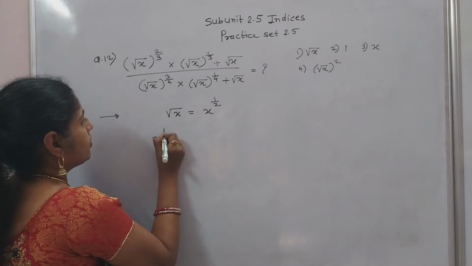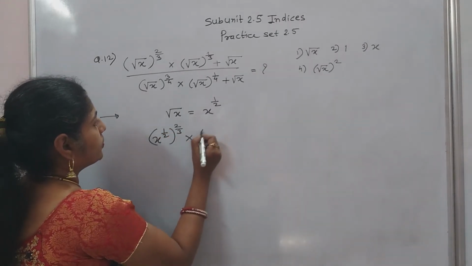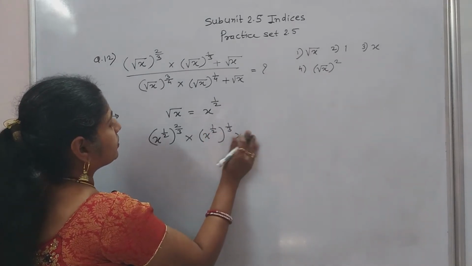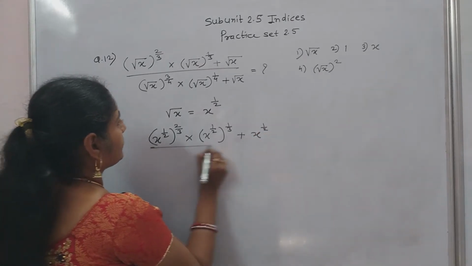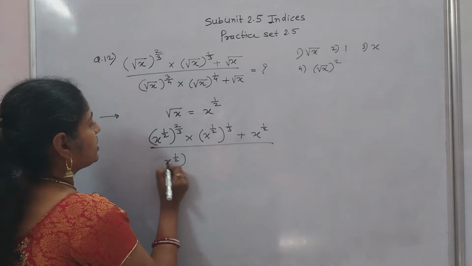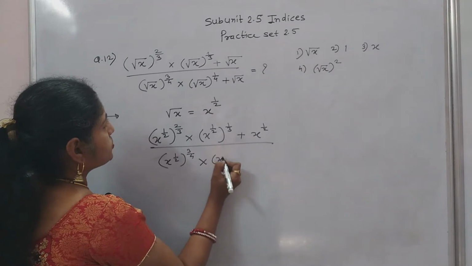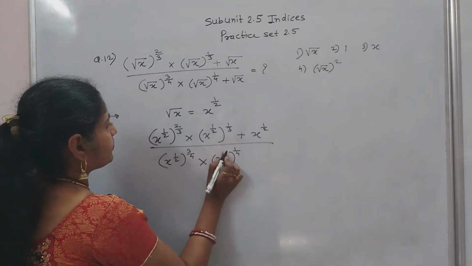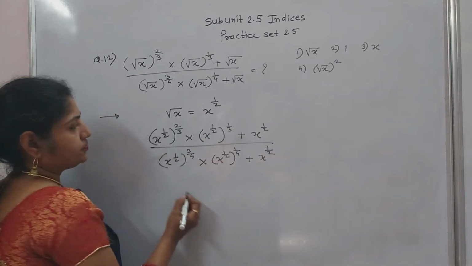So x raised to 1/2 raised to 2 upon 3 into x raised to 1/2 raised to 1 upon 3 plus x raised to 1/2, upon x raised to 1/2 raised to 3 by 4 into x raised to 1/2 raised to 1 by 4 plus x raised to 1/2.